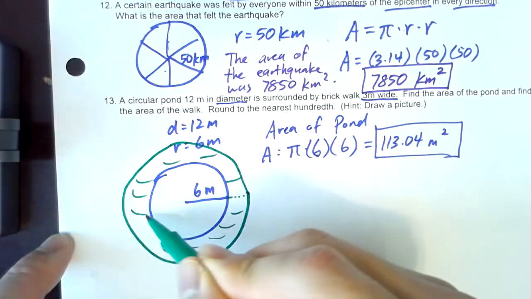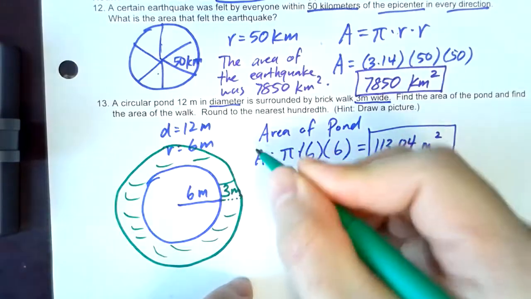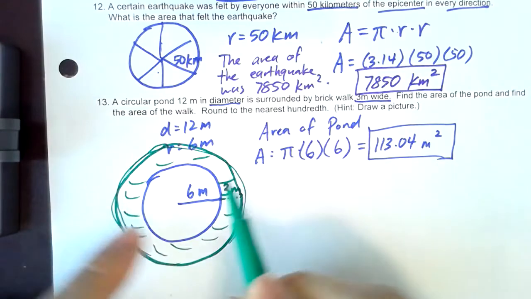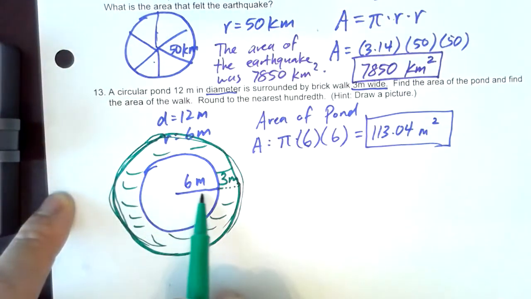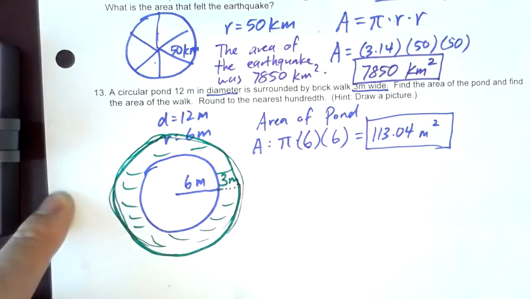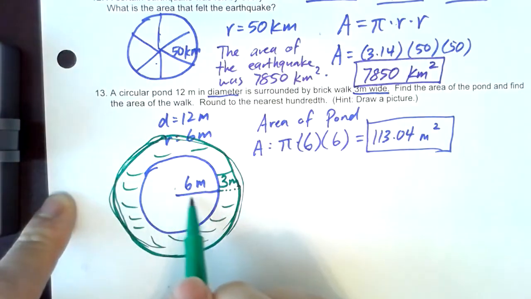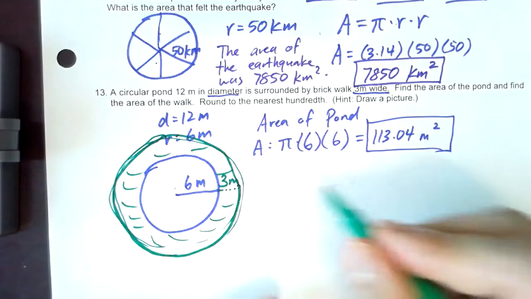Well, there's no formula to calculate that, right? But we do know, class, that if I were to calculate the entire circle, including the pond, the entire circle, what would the radius be? Well, hopefully you're starting to realize that the entire circle's radius is 9.